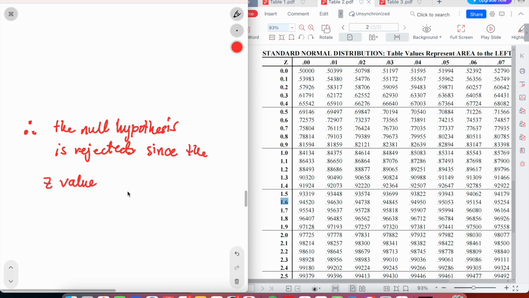Since the z value 1.875 is greater than the z crit 1.645. Again, therefore, the null hypothesis is rejected since the z value, which is 1.875, is greater than the z critical value, which is 1.645.